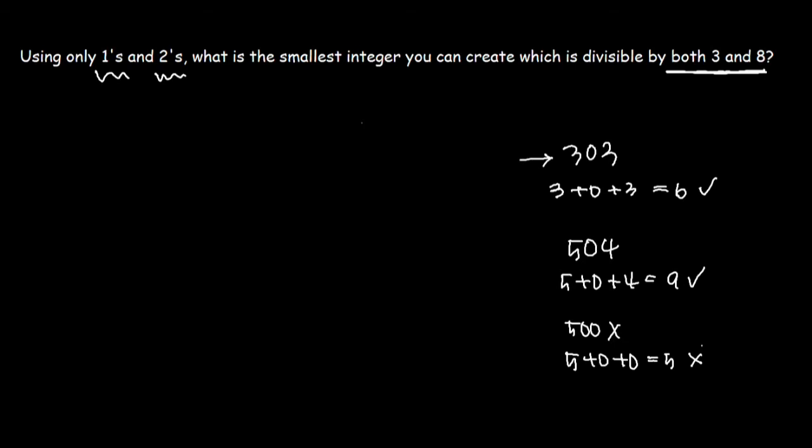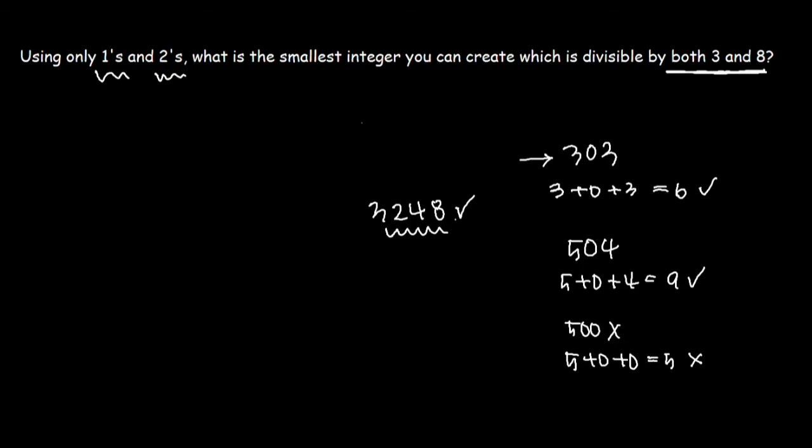For 8, the number formed by the last 3 digits has to be divisible by 8. So for instance, if we have the number 3,248, we know that this is divisible by 8 because the last 3 digits, 248, is definitely divisible by 8.